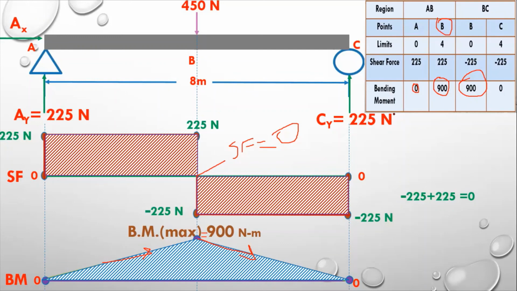And keep it in mind, if you are taking x values, here x is the beam distance, the beam length, because most of the students did not identify what we are taking on the x-axis. For example, I am taking the shear force diagram.